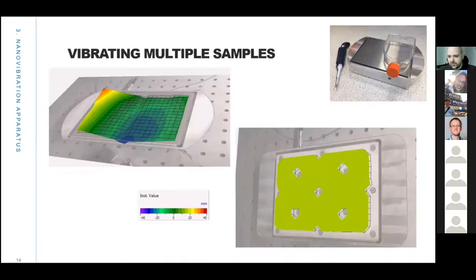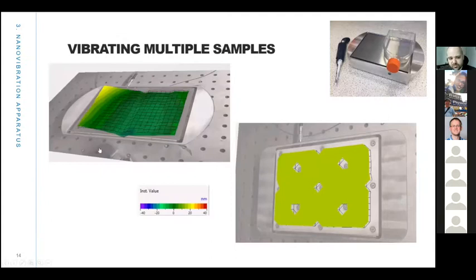Moving on to the larger devices that you saw in the pictures before, we've also used laser interferometry, in this case scanning laser interferometry, to measure the vibration patterns of these larger vibrating surfaces. For some of our first prototypes, we were just using glue basically to attach the actuators to the top plate.